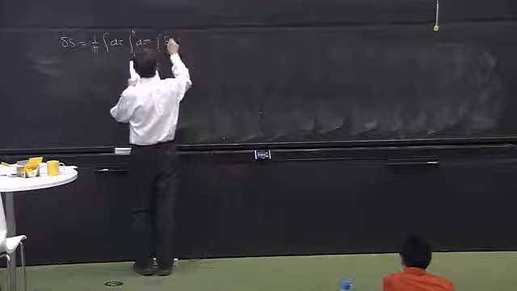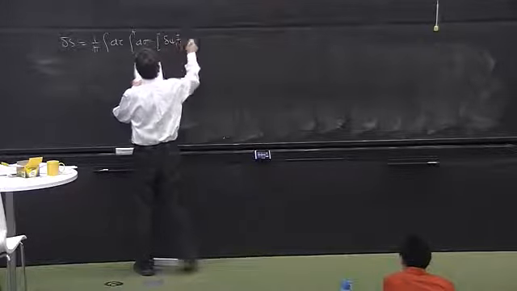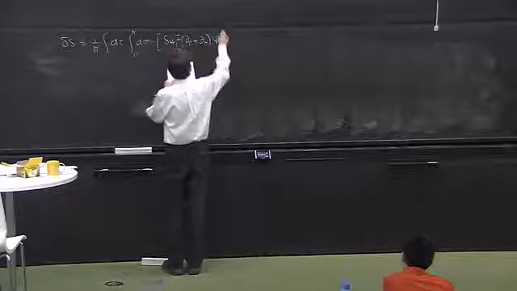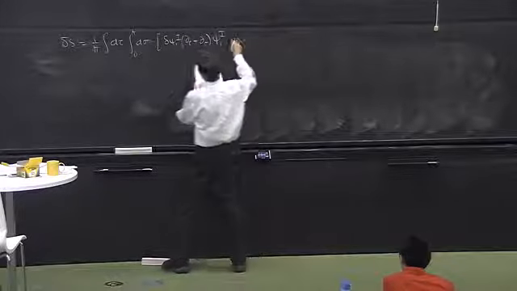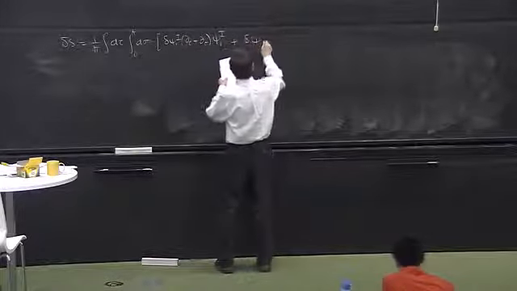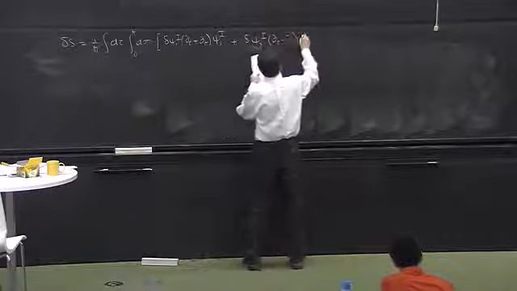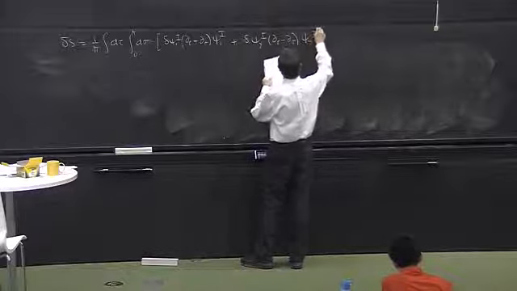You get delta psi 1I (d tau plus d sigma) psi 1I plus delta psi 2I (d tau minus d sigma) psi 2I.